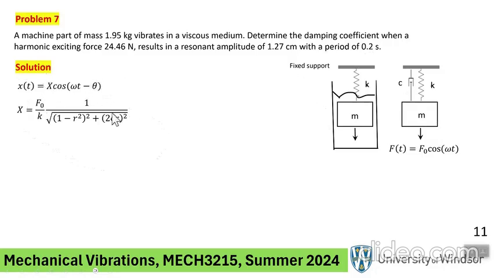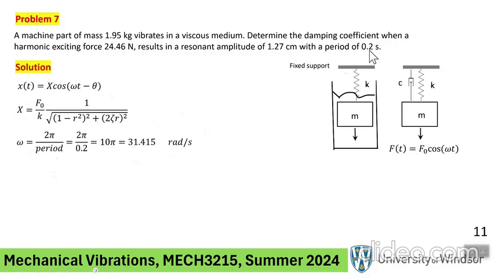Generally speaking, big X was given as that. Remember, this was called the amplification factor, by the way. We are told that this is the period of oscillation.